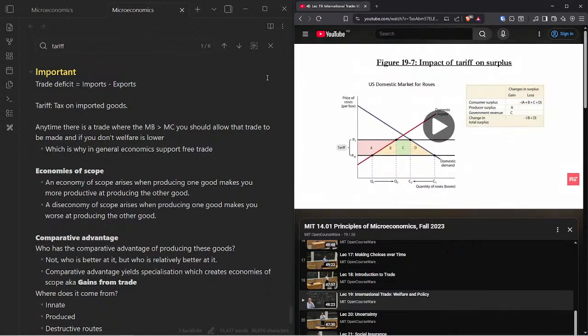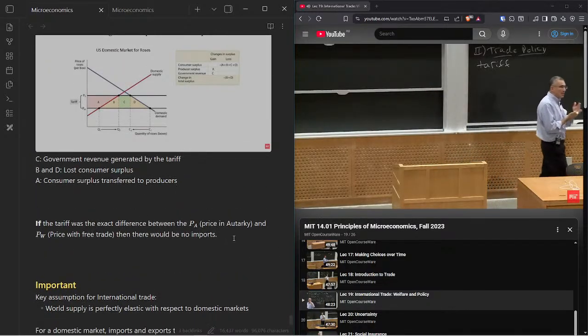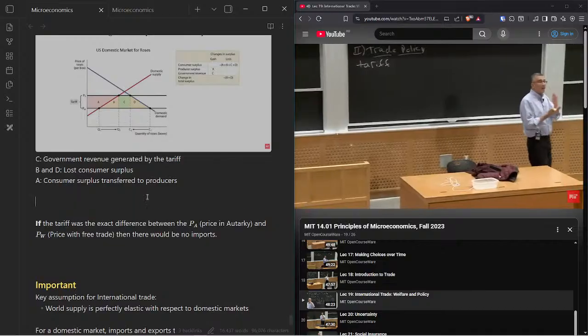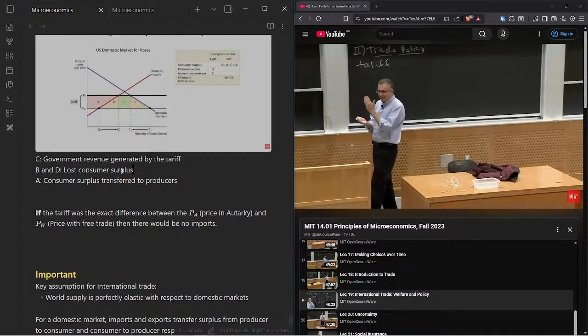Rectangle C. So what's happened here is consumers have lost A, B, C, D. Producers have gained A. The government has gained C. And B and D are deadweight loss, surplus that has been lost completely and not transferred.